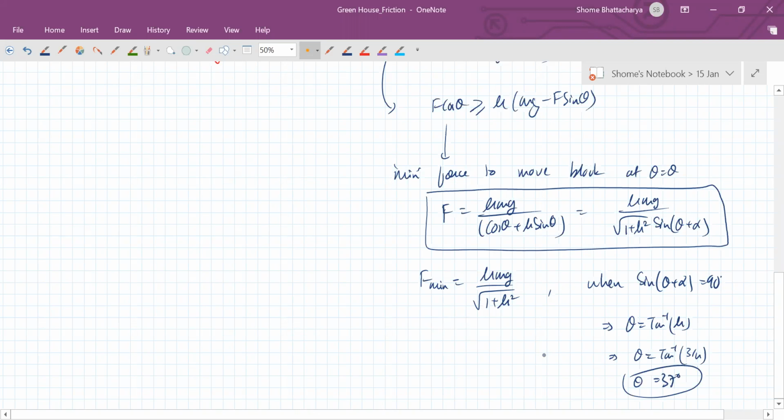So this is the first part's answer. The second part's answer, the minimum value of force, will become 3 by 4 upon square root of 1 plus 9 by 16, so that will become 3 by 5 mg, or in this case 60 newtons.